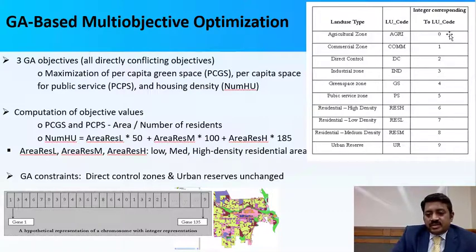And for the sake of the genetic algorithm, these are given integer based representations ranging from 0 to 9 for 10 specifically identified land use categories. And as mentioned earlier, the three objectives involve the maximization of the green space, per capita public service space, and the housing density.